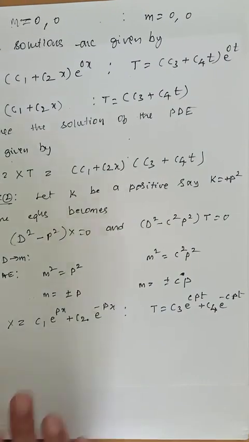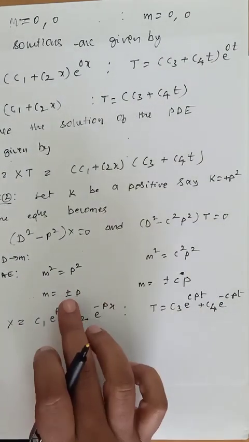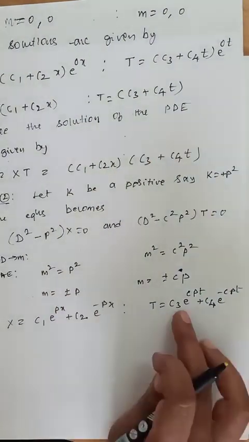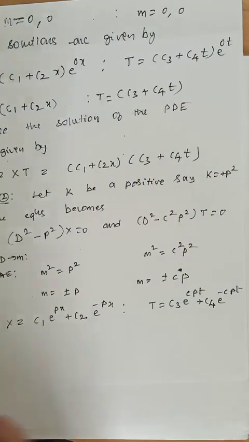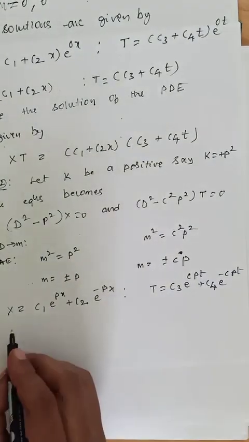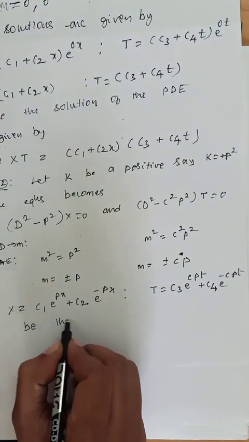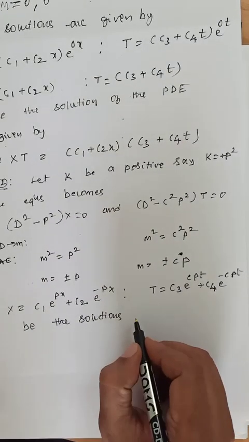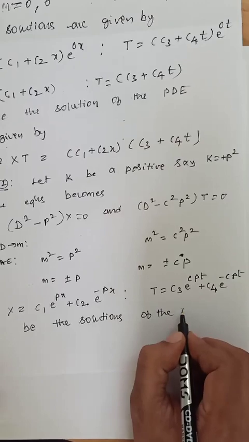Okay, you know how to construct the solution depending on the nature of roots. If roots are real and equal, you can write like this. Real and unequal, you can write like this. These are the solutions of the PDE.